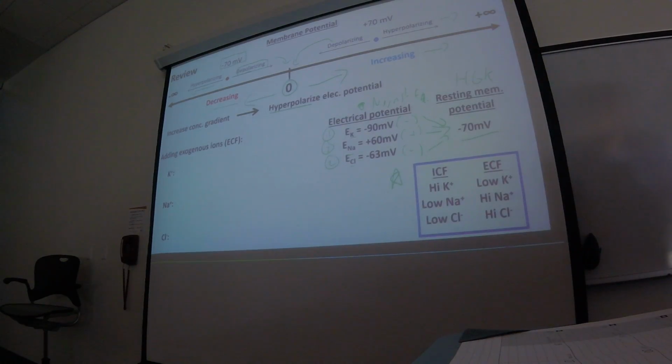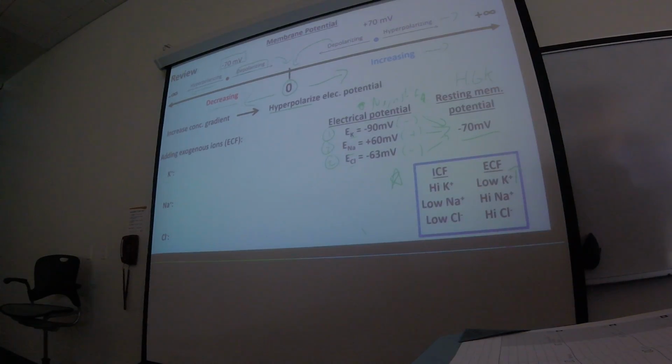So what happens when you add potassium to the outside of the cell? When we add potassium to the outside, this part increases, right? What does that mean for the chemical concentration gradient? Are we increasing or decreasing it? We're decreasing the gradient here, right?